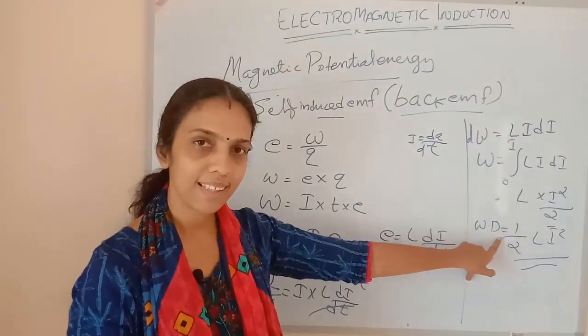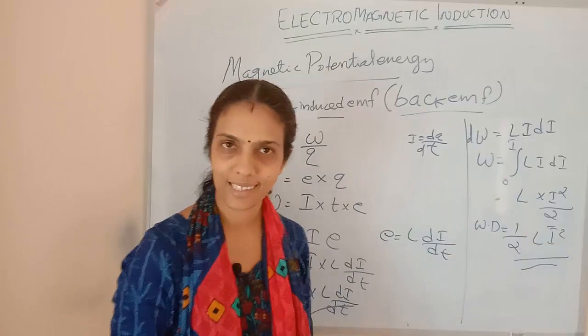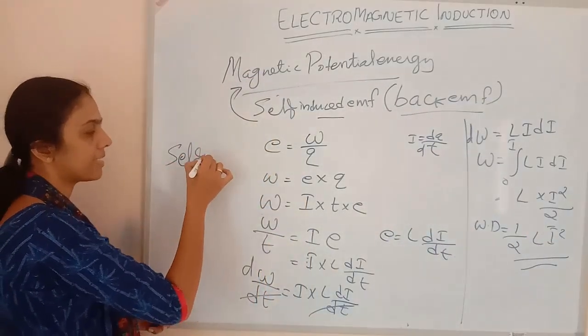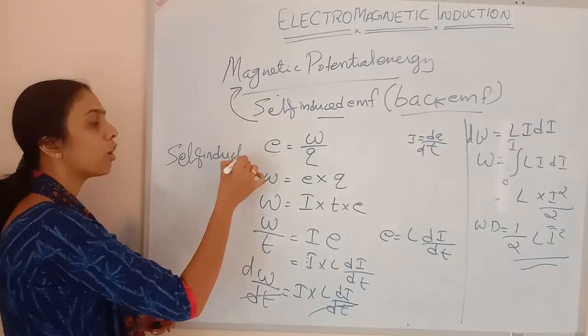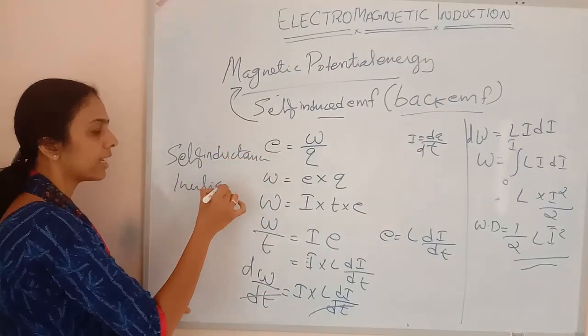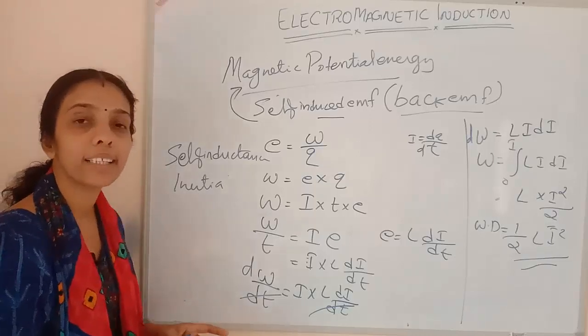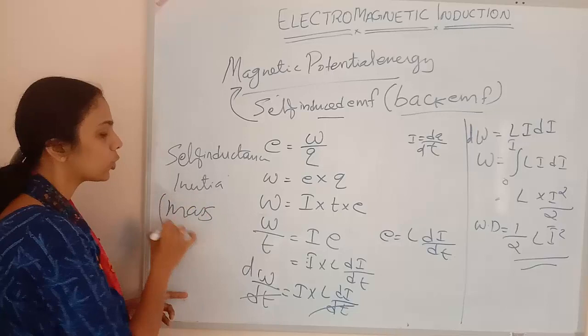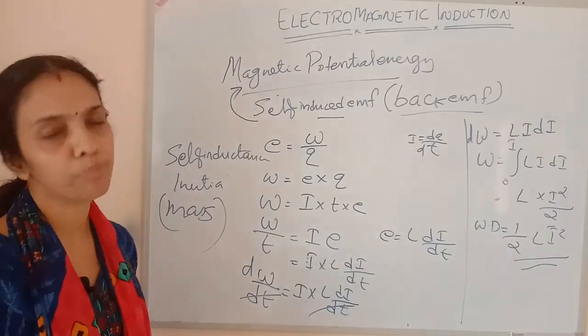That resemblance is there here, half L I square. And self-inductance is considered as the property of inertia. Or we can say it is the electromagnetic analog of mass.